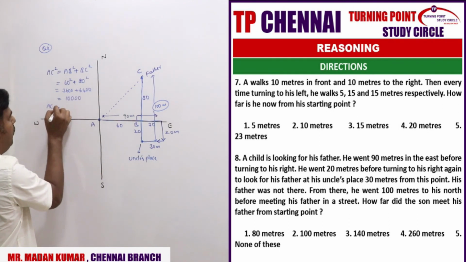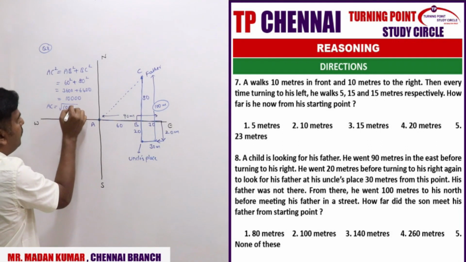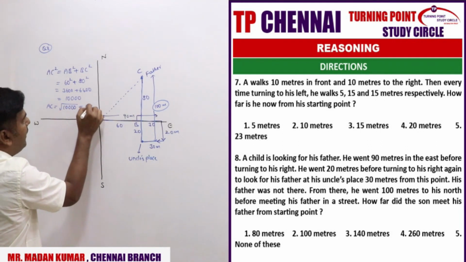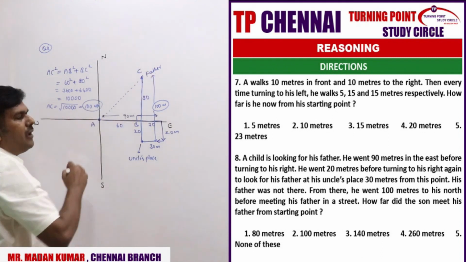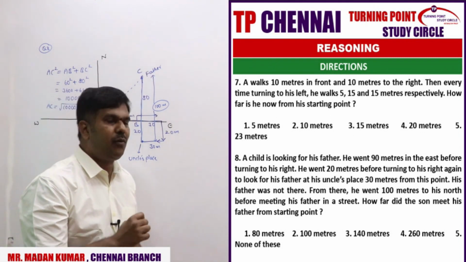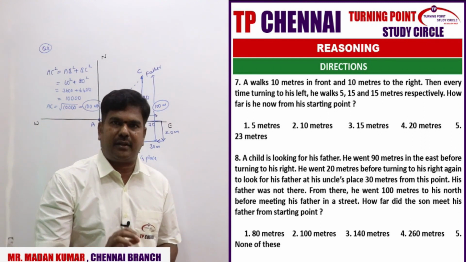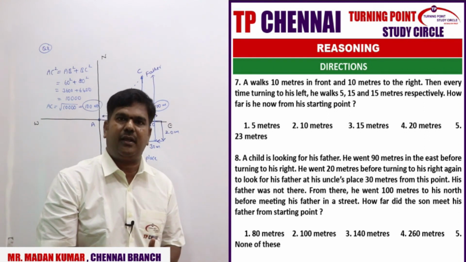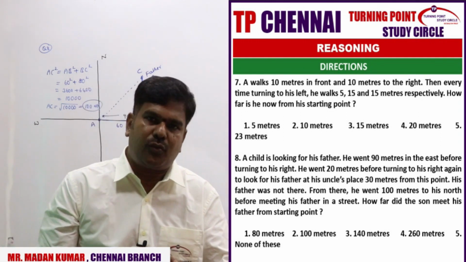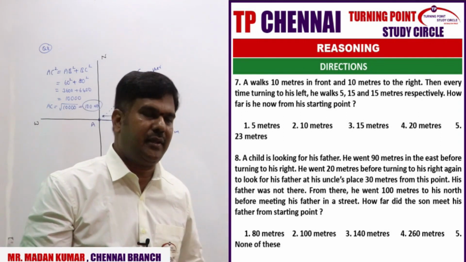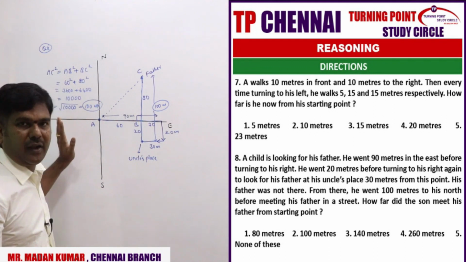So AC is equal to root of 10,000. So how much it will be? 100 meters. So this is how we need to find out the answer. Clear? This is based on Pythagoras theorem. In school days we have learnt in any right angle triangle, hypotenuse square is equal to sum of the adjacent squares. So that is how we arrived at the answer.